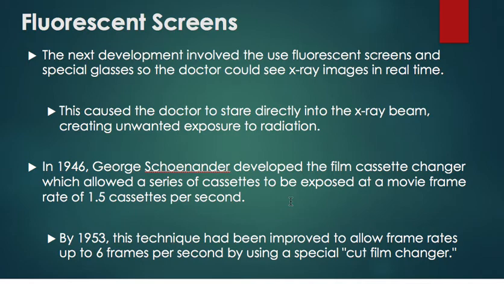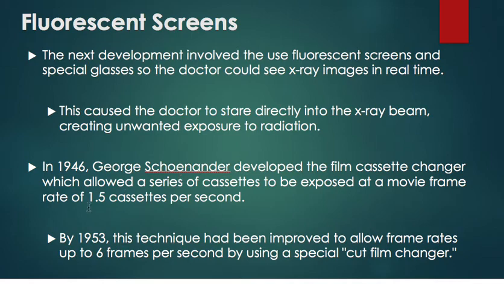But when he invented the film cassette changer, he made a system where the cassettes could be quickly changed with a lever or a button, and the patient or the radiographer didn't have to manually remove the cassette and put a new one in. That way it sped things up, and you could get 1.5 cassettes per second instead of one every 10 seconds.